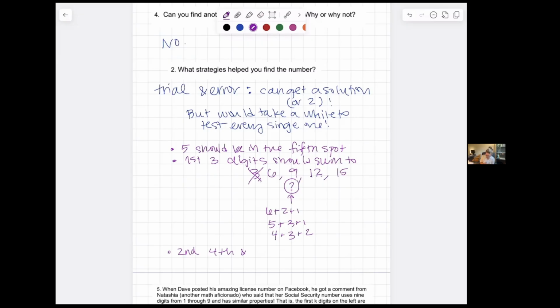Could they sum to 12? Possibly, like 6 plus 5 plus 1 or something like that, right? What about 15? Do you think the first three numbers could sum to 15? Let's say I take my biggest number, 6.